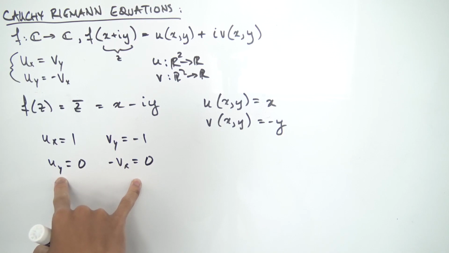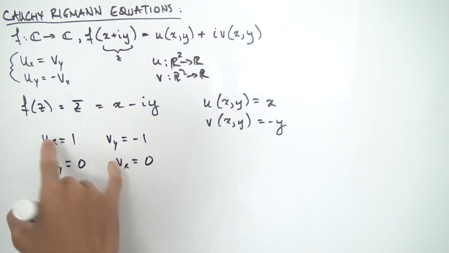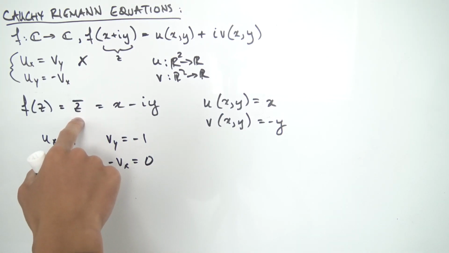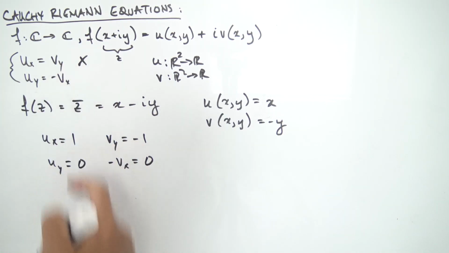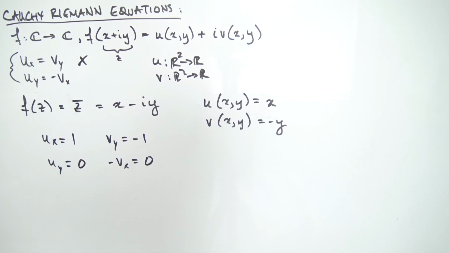And even though these two partial derivatives are the same, these two other partial derivatives are different. So even if one of these conditions isn't true, that means our function is actually not differentiable. And notice there's no x's or y's flying around anywhere. These are just constants. So for this function, the conjugate of z, these equations would be independent of whatever complex number we choose. So what we can say is that the conjugate function is not differentiable anywhere.